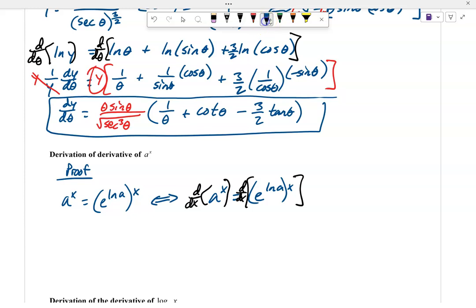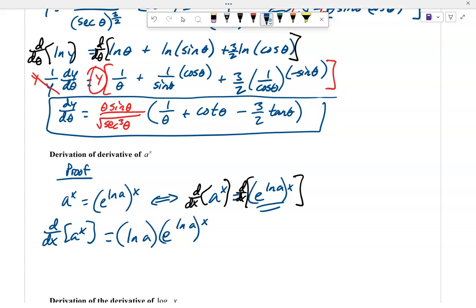So we'd have the derivative of a to the x equals, and then I'd have ln of a, right? Because remember, this is a right there, e to the ln of a. So I'd have ln of a times e to the ln of a to the x.